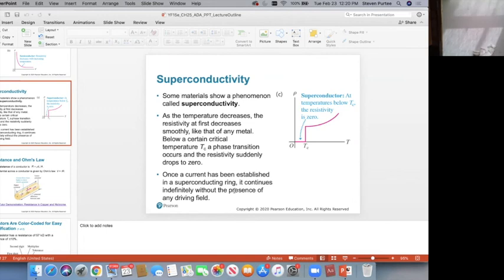So everybody that's working in that field is trying to develop what we call high temperature superconductors. And by high temperature, I mean like negative 100 degrees would be considered high temperature. I don't mean 1,000 degrees. That's never going to happen.